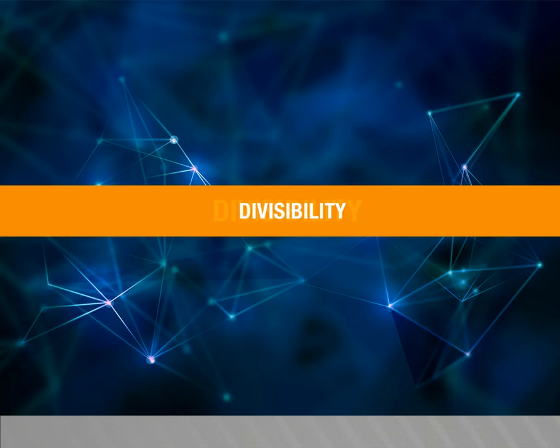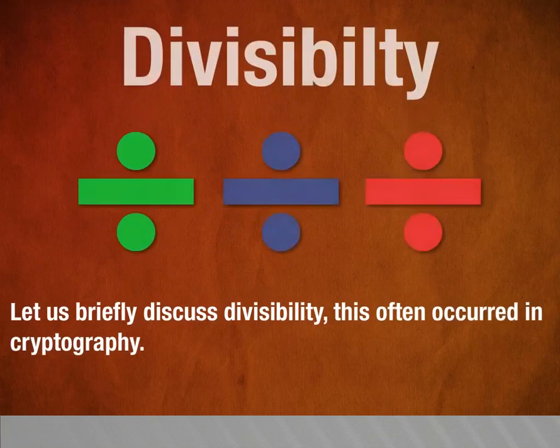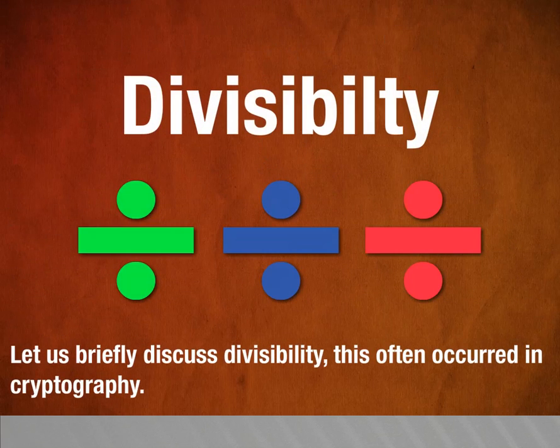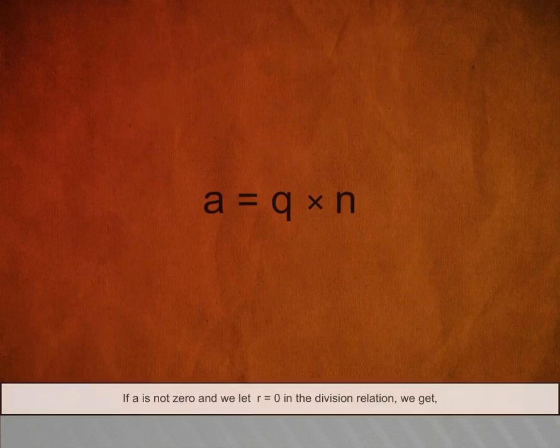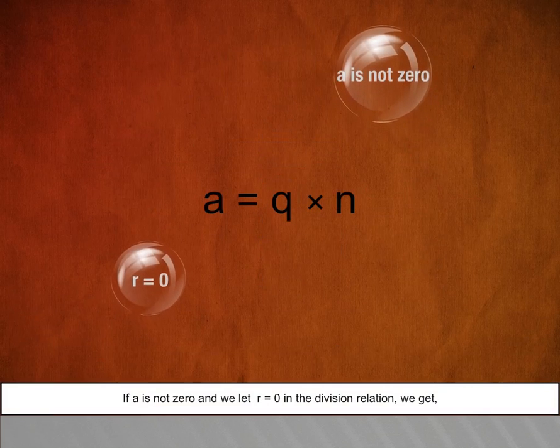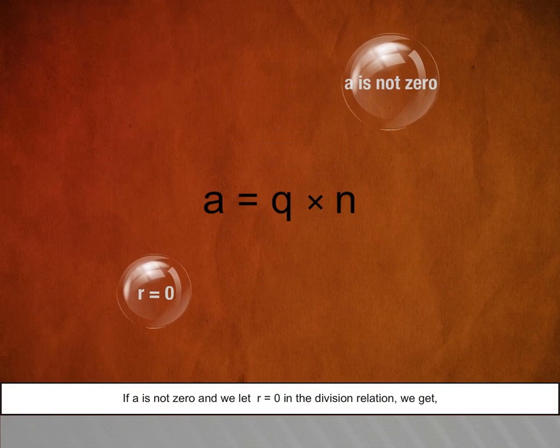Divisibility. In this video, we are going to see about divisibility. Let us briefly discuss divisibility. This often occurs in cryptography. If A is not 0 and we let R be equal to 0 in the division relation, we get A is equal to Q into n.